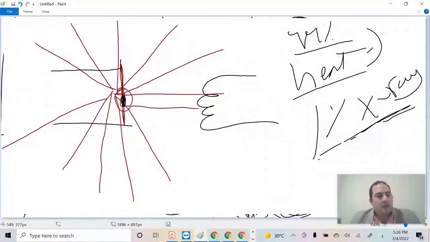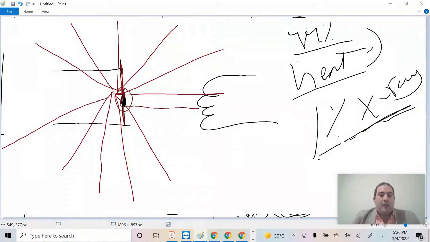Of course, there is a natural heating effect, so I told you we will make the anode from a material that won't melt at high temperatures. However, this brings a problem because the anode will need to be cooled.